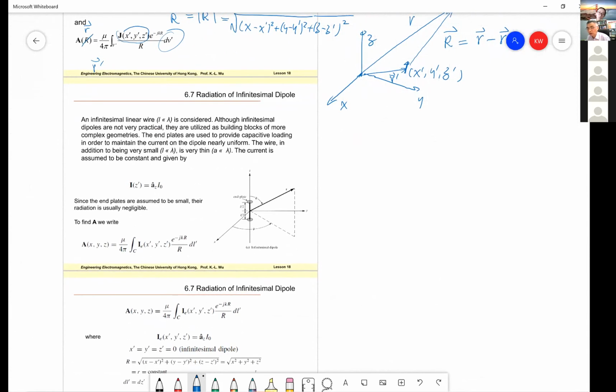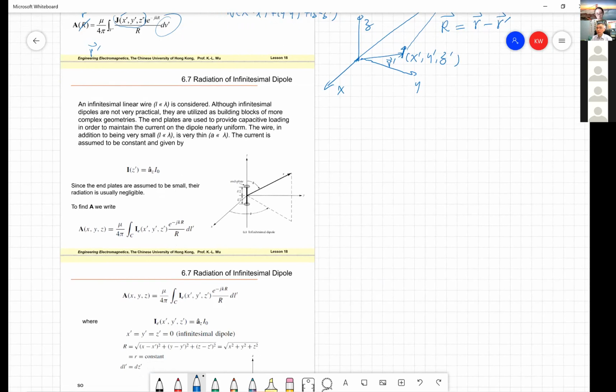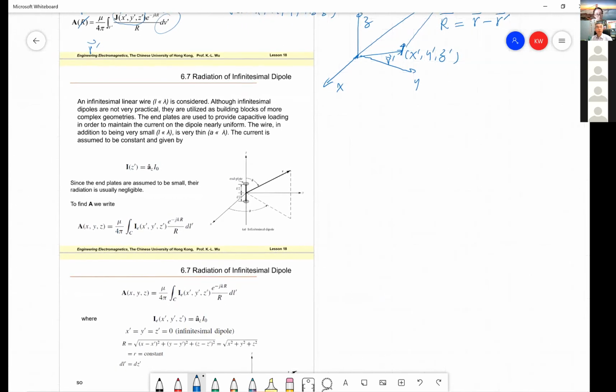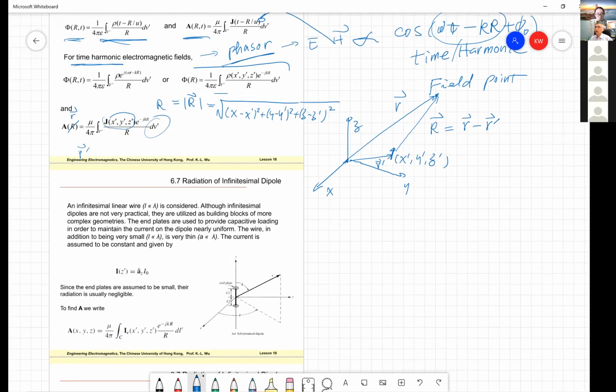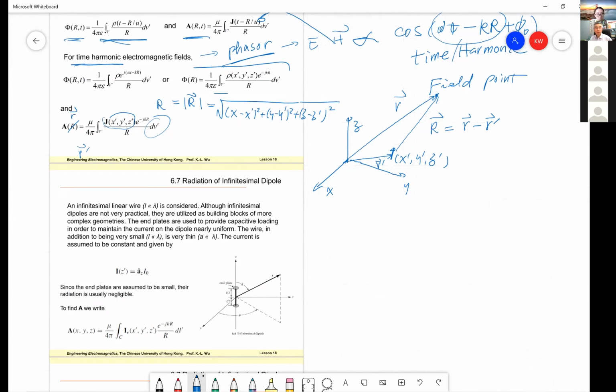Now let's discuss a very small antenna problem. This antenna problem is described in this way. To simplify our analysis, I put this current at the origin, okay?